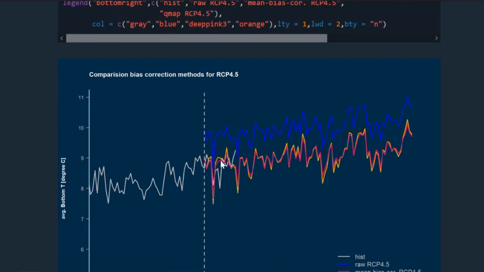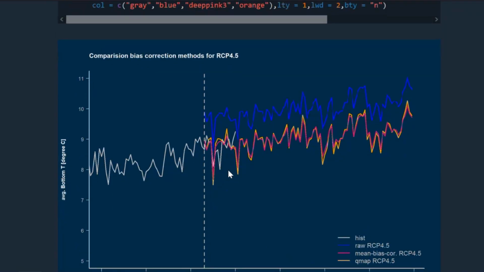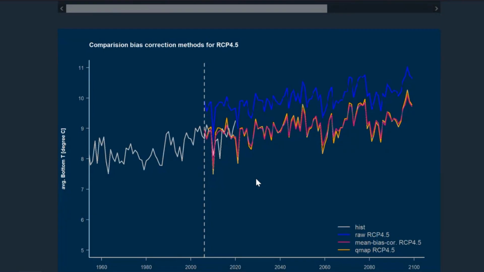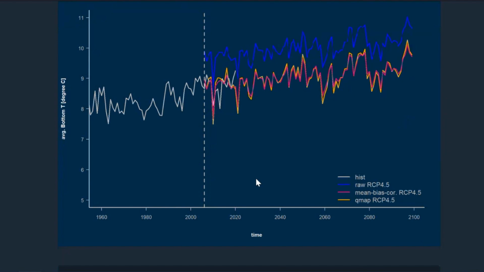So if you would remove this one, it would probably result in the same quantile mapping procedure. So you really need to be careful and tweak those steps a bit to really get a meaningful variance out of it, and also meaningful trend.